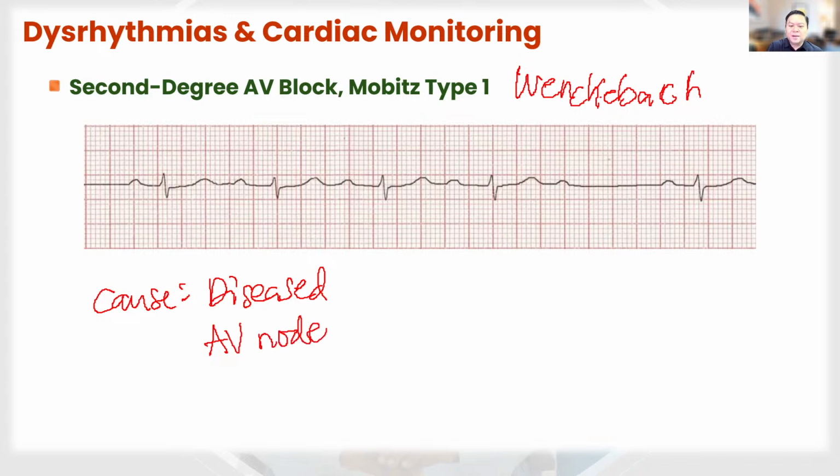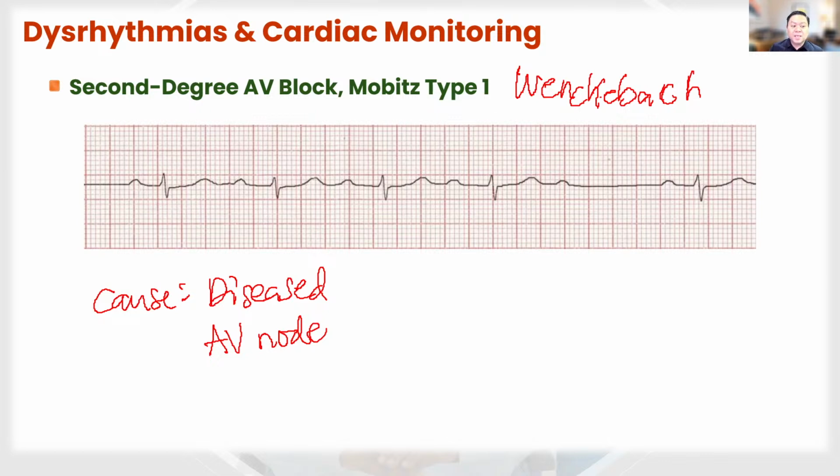And here, the AV node is conducting the impulses increasingly earlier in the relaxation period, okay? And an impulse will arrive during the absolute refractory period, so it will not be conducted properly.